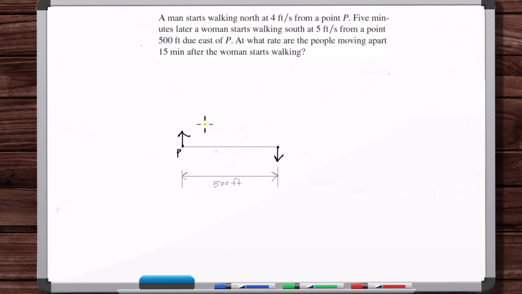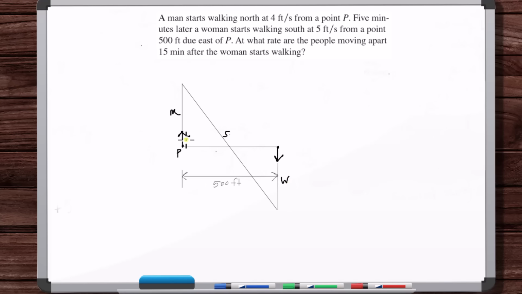We can try and get an idea of who's farther from the starting line at the time we're interested in, but it doesn't matter. So we could just say, okay, that's where the man got to, and the woman is here. That's what we're interested in. Call this S, and we'll call this M for man and W for woman.